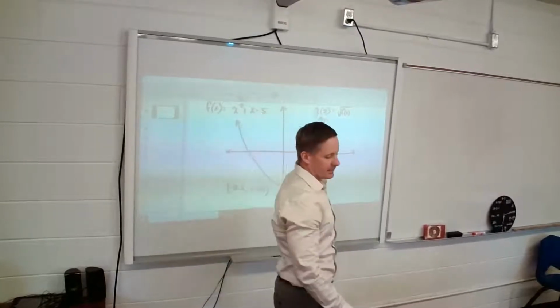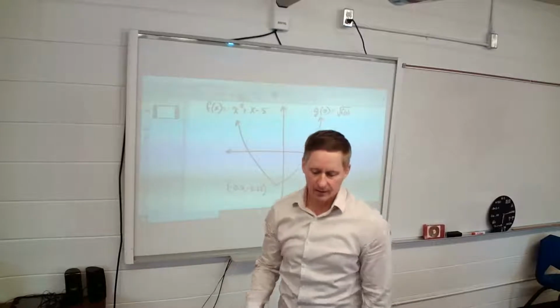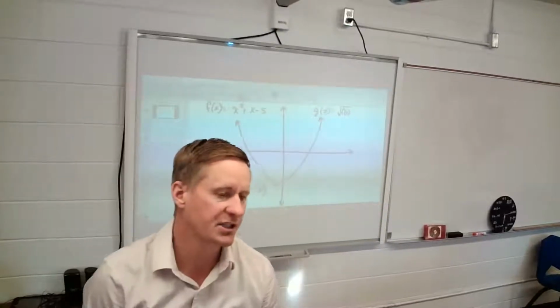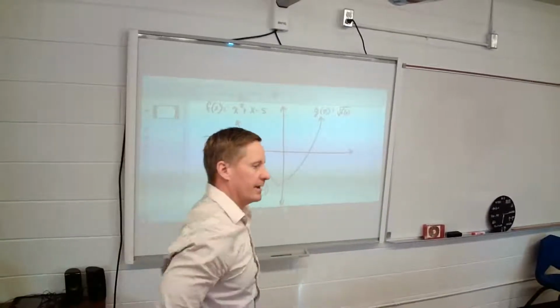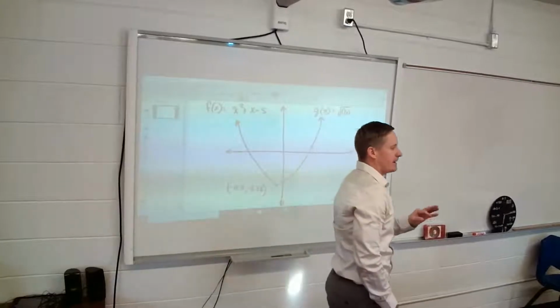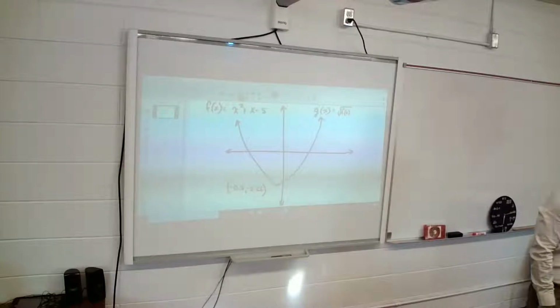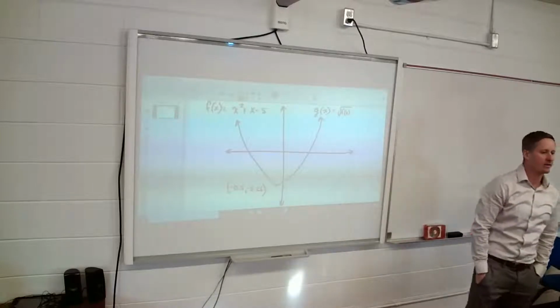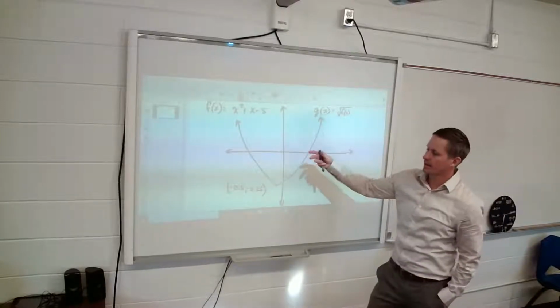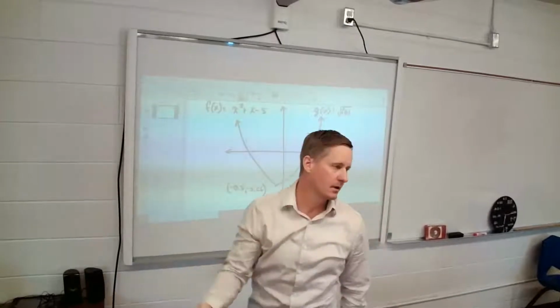Now, the one nice thing about this class, how it's different than what we've done before, is you're actually sketching. So you need basically 3, maybe 4 critical points at all times. So you don't have to be very precise with these graphs unless they specifically say graph and plot points, then we have to do it.